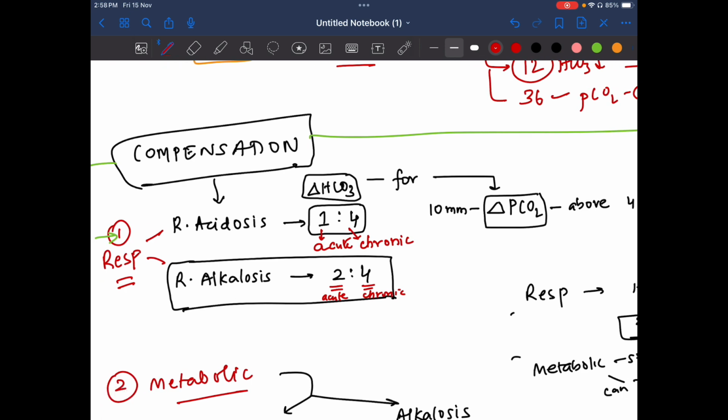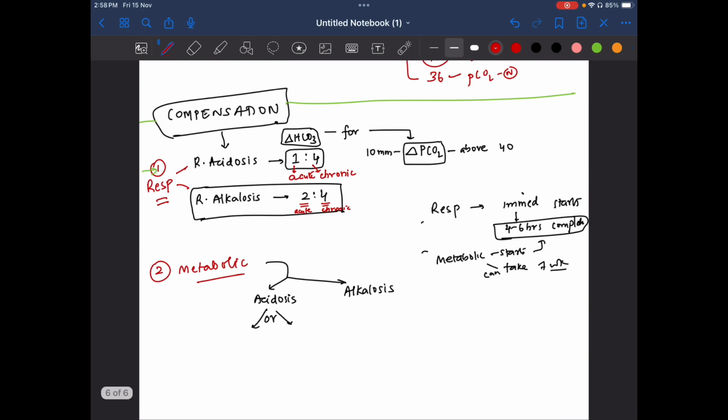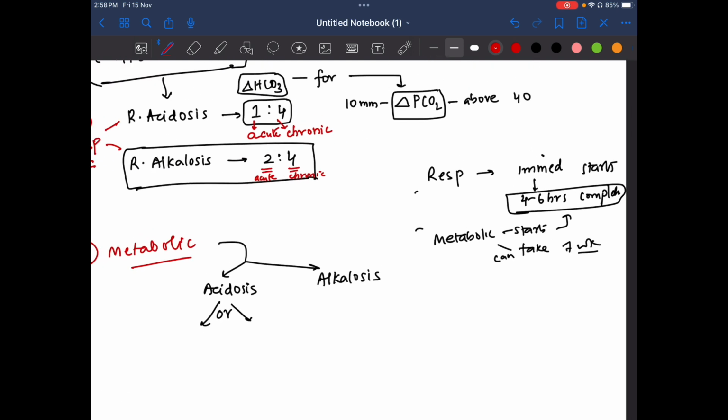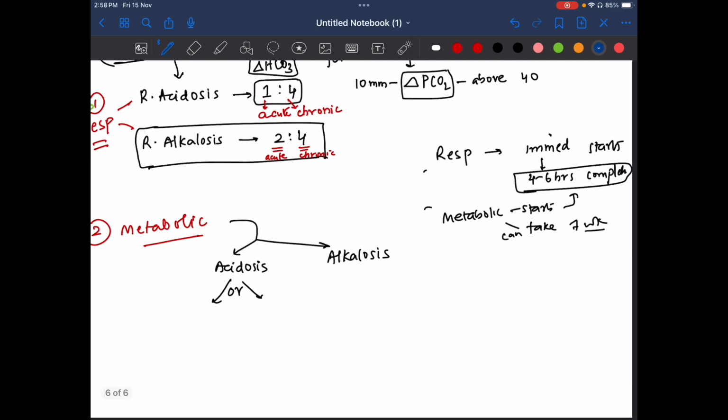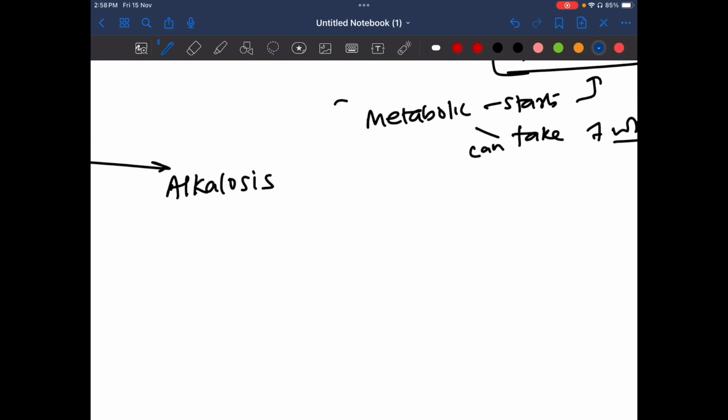What about respiratory alkalosis? Before moving to that, if you want an example, we'll see respiratory acidosis. Suppose there is respiratory acidosis. Suppose pH is 7.2, PCO2 is 50. So what do you expect? What should be the compensation? This is nothing but respiratory acidosis, isn't it?